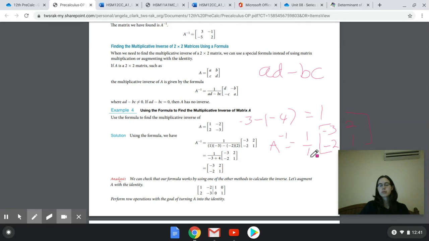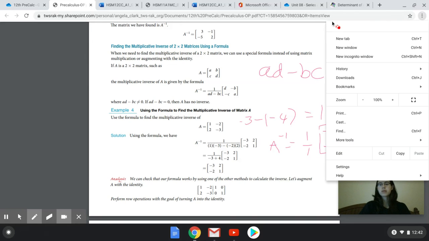So 1 over the determinant times the original matrix, but you're changing the signs of this diagonal and changing the locations of this diagonal. And so then when we multiply that, 1 is just 1, so that's not going to change anything. So this is just going to be our inverse, which is the same answer we would have gotten with any of the other strategies that we looked at in this video. All right, I will see you in the next video.